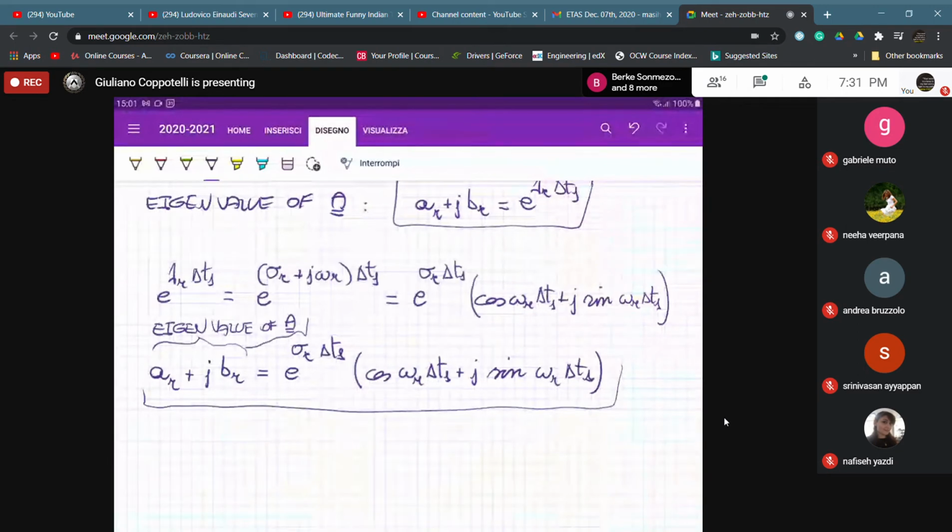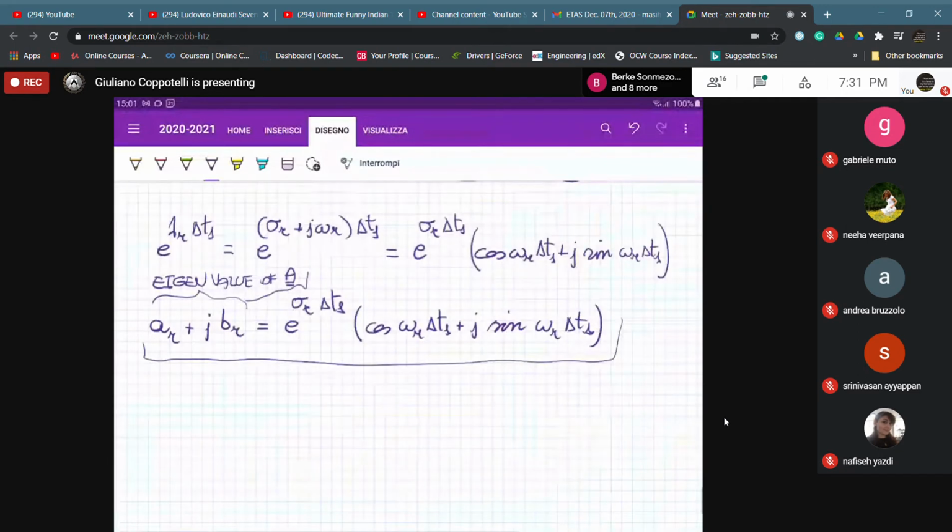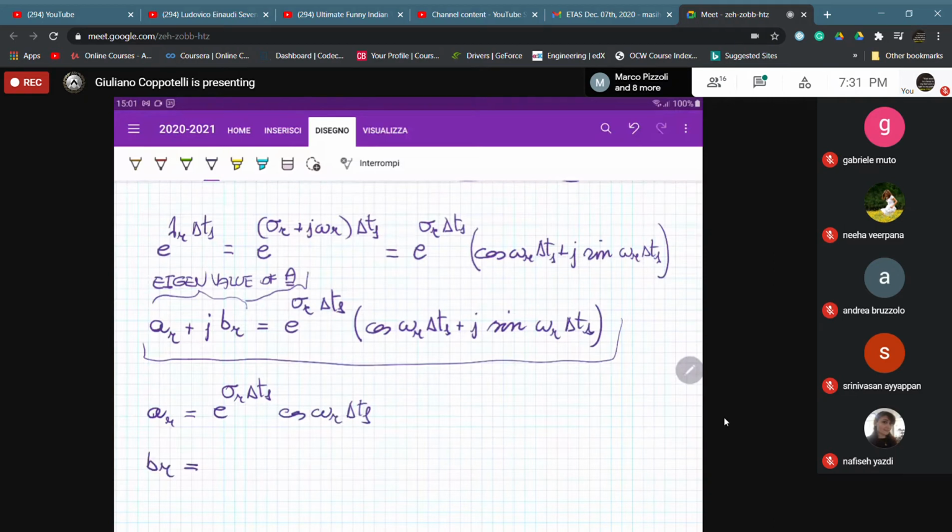Therefore, what we can say is that aR is equal to e to the sigma R delta T1 times cosine omega R delta T1. The imaginary part, bR, of your eigenvalue of A is e to the sigma R delta T1 sine omega R delta T1.